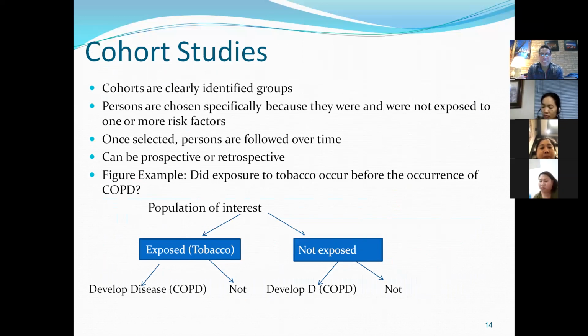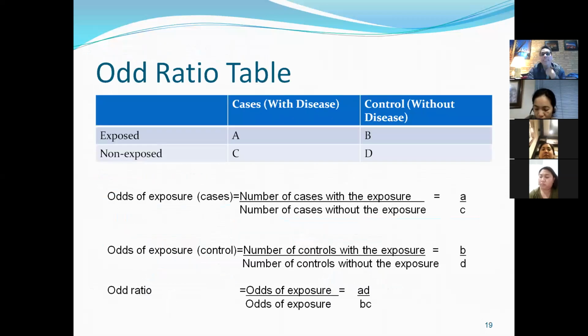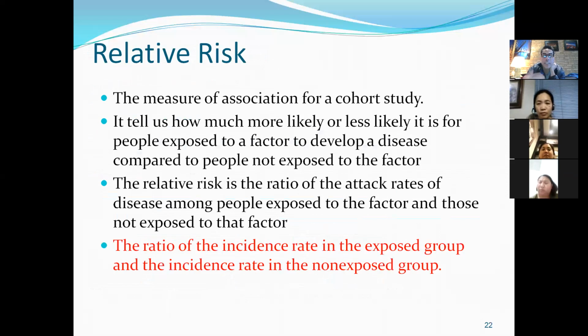In a cohort study, you start with exposure, whereas in a case control study, you already have the disease and you already have the group with no disease. So a very, very different approach in the analysis of events. So in the relative risk, we are using a cohort study.